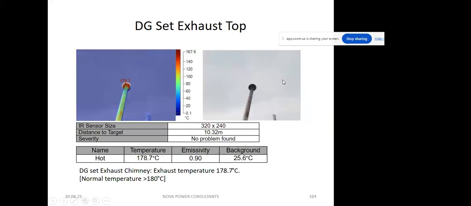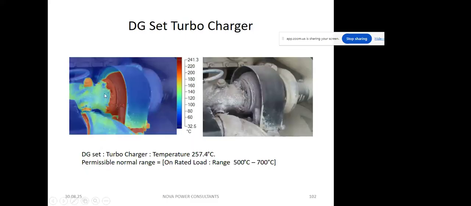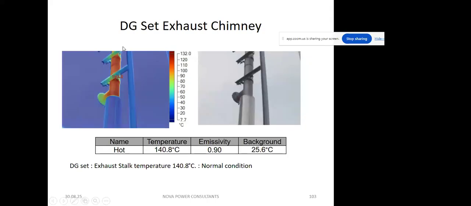So this IR camera is very much useful. You see at the top, 178 degrees is the exhaust temperature. So whatever is the inlet at the turbocharger and whatever is the outlet at the chimney level, from this we can calculate what is the potential for waste heat recovery.